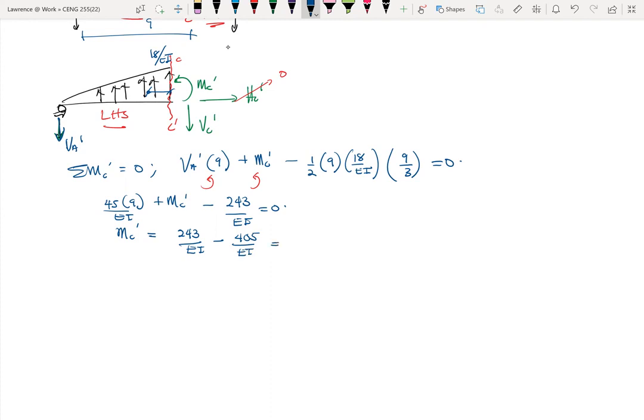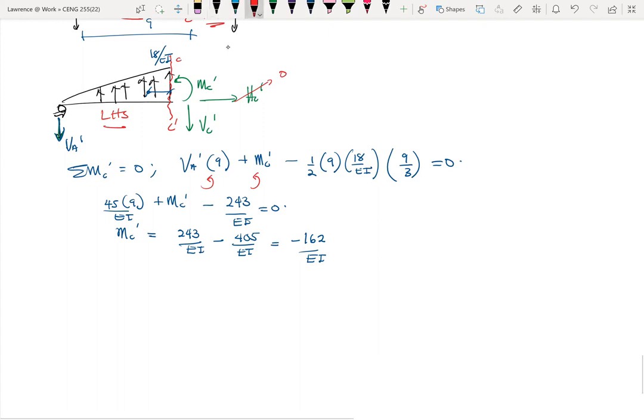So we get minus 162 over EI. Okay. So that's our MC. If we have E and we also have I, we can put them into the equation and find the actual deflection. All right.